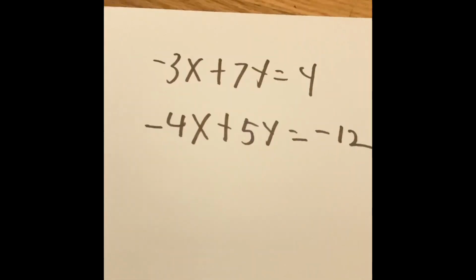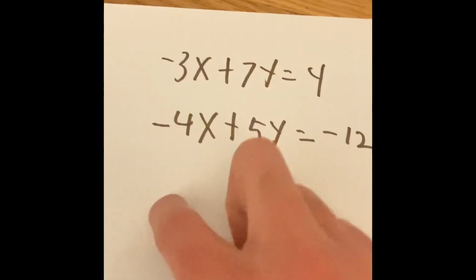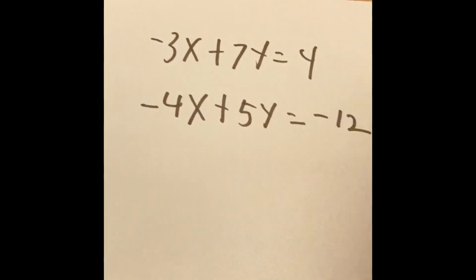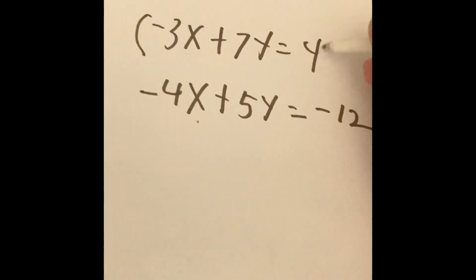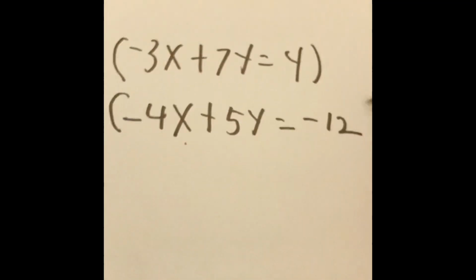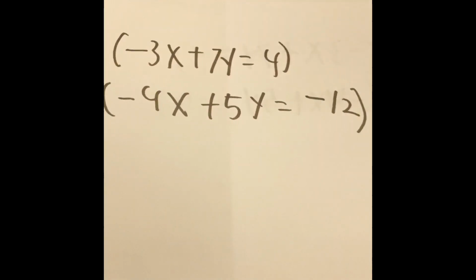They don't have the same number value with positive and negative. So we're going to multiply both sides by any number you want.